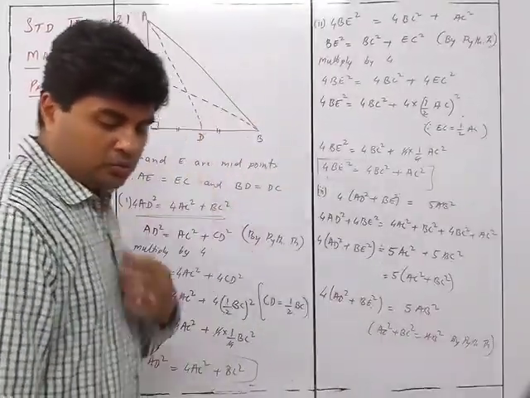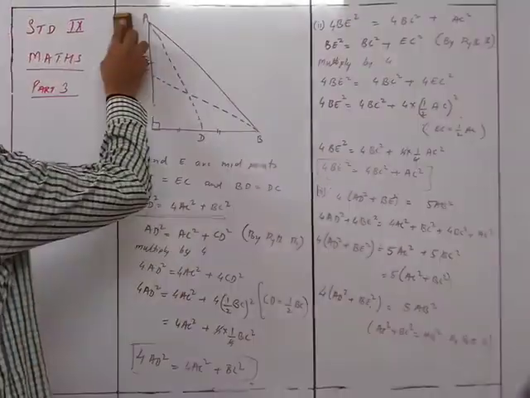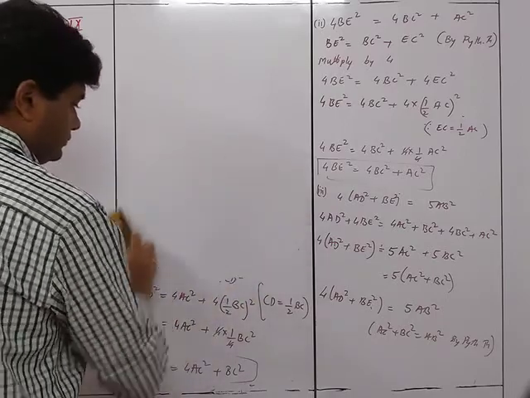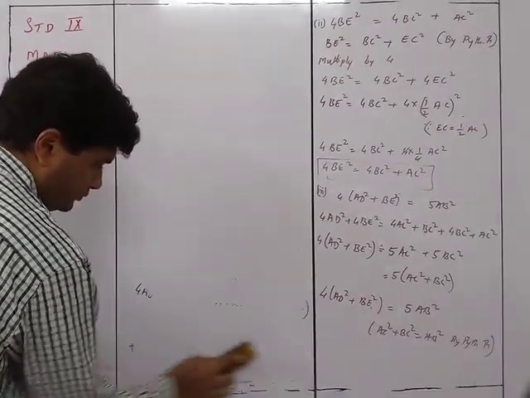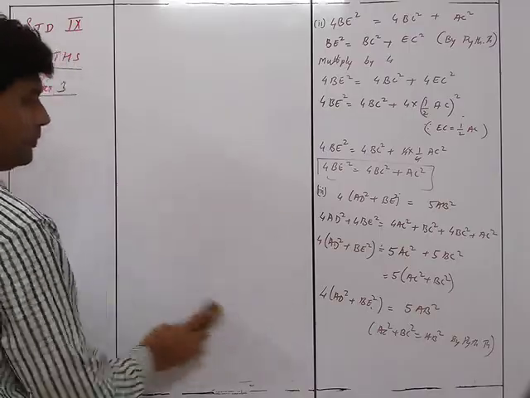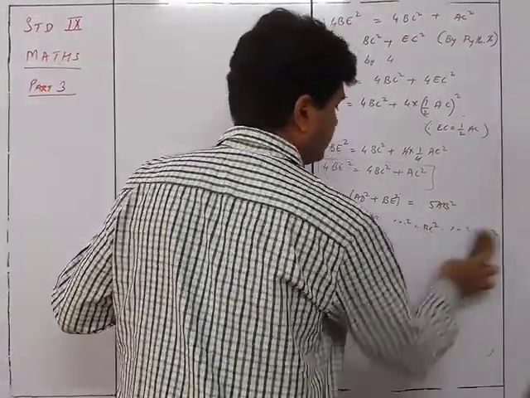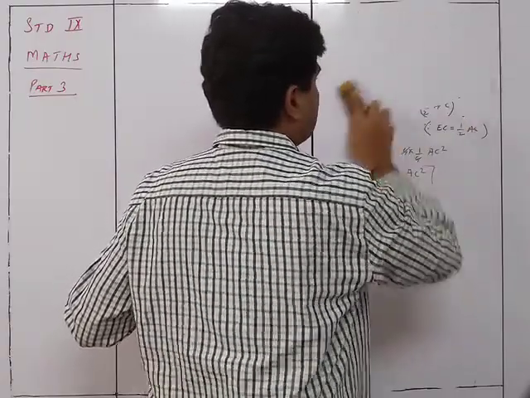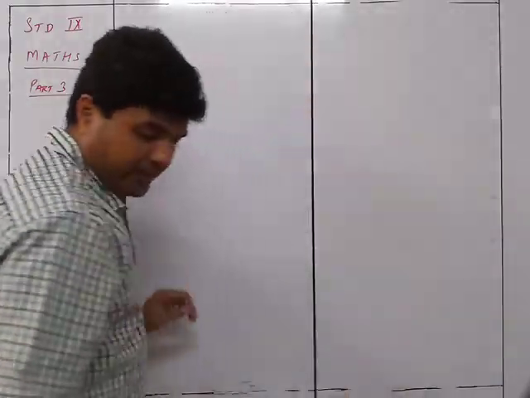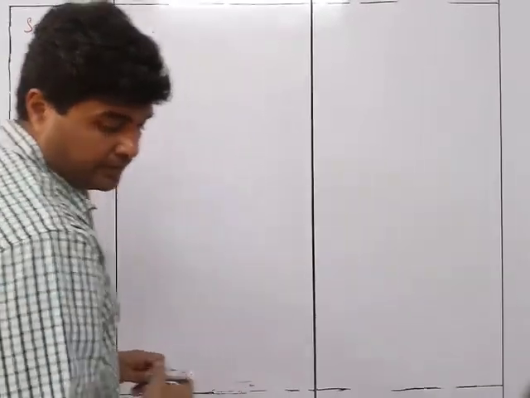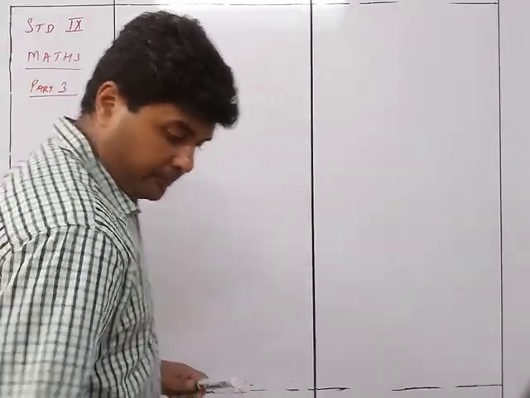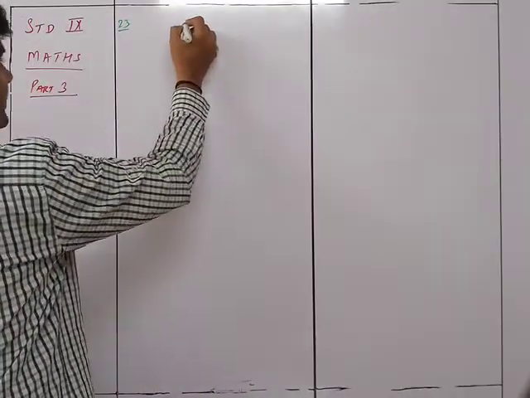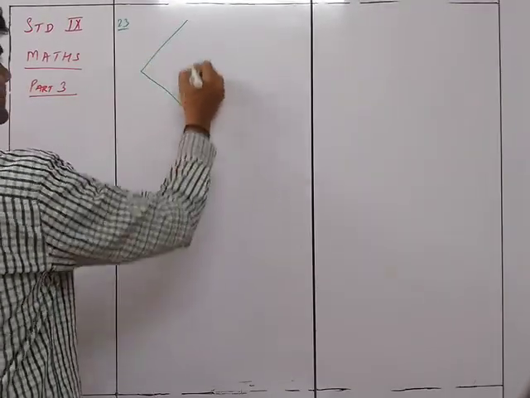We now move on to sum number 23. Okay, sum number 23. Here it goes. We have the figure here like a kite.